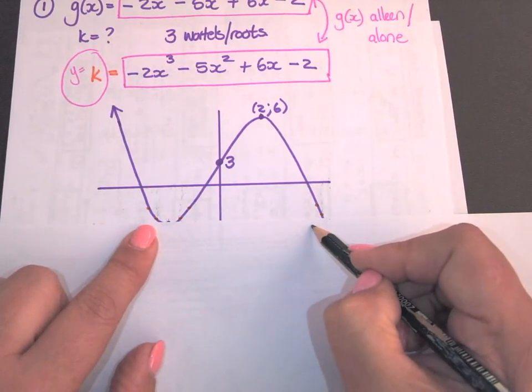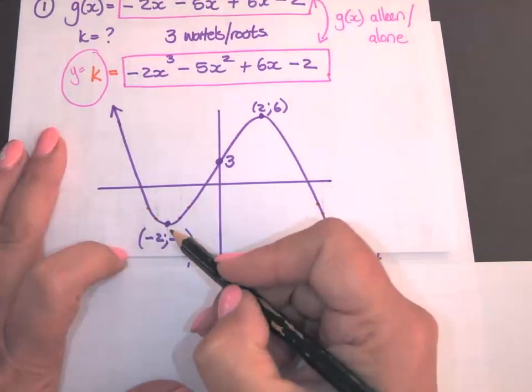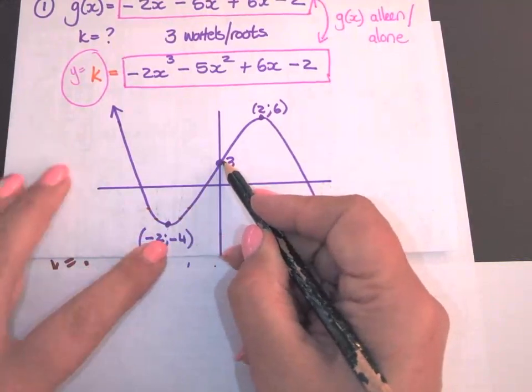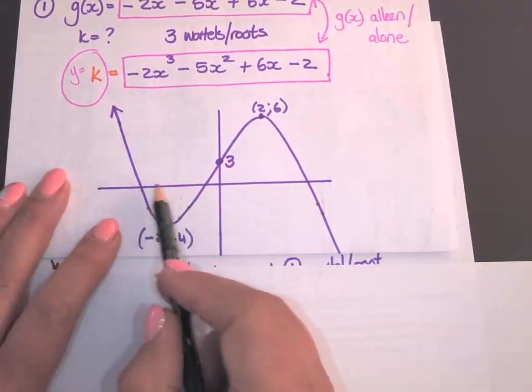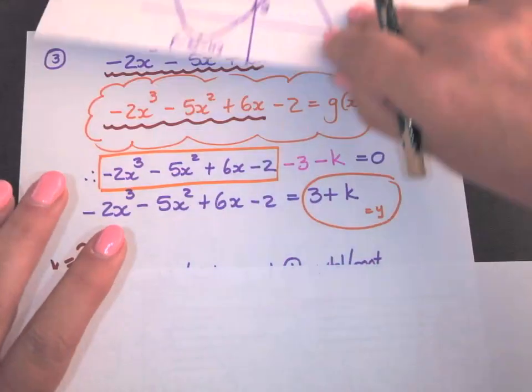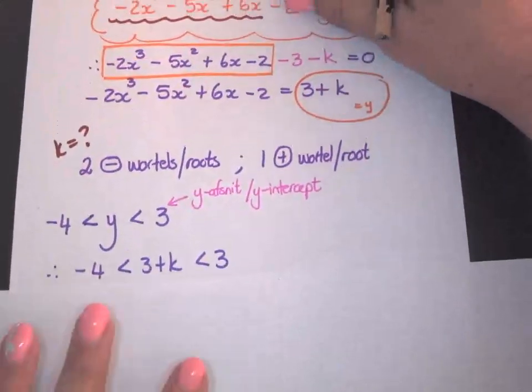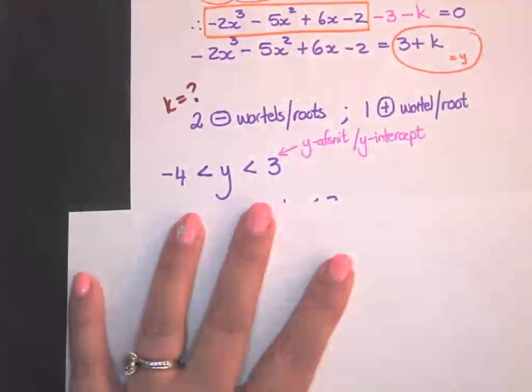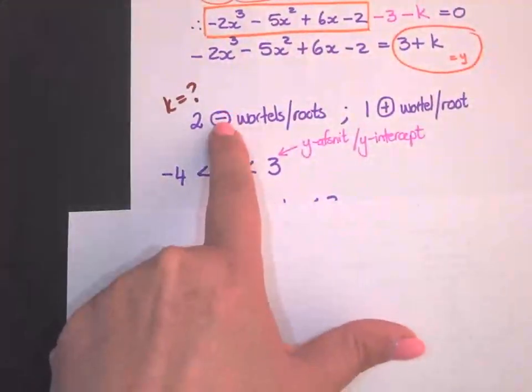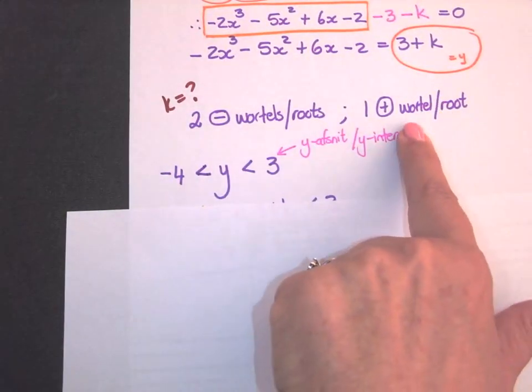Are you with me? So between negative 4 and 3, y will have two negative roots and one positive root.